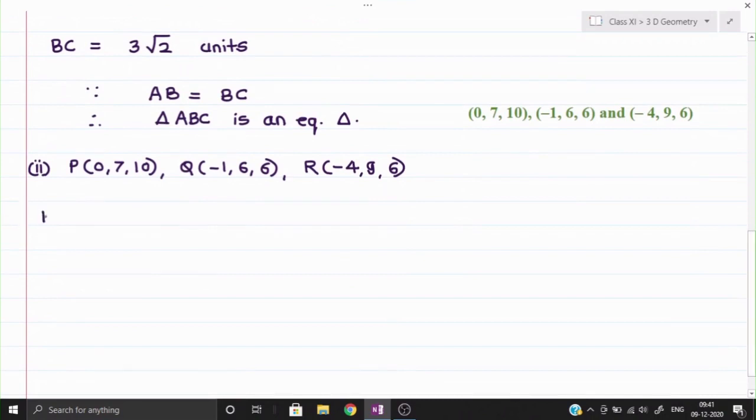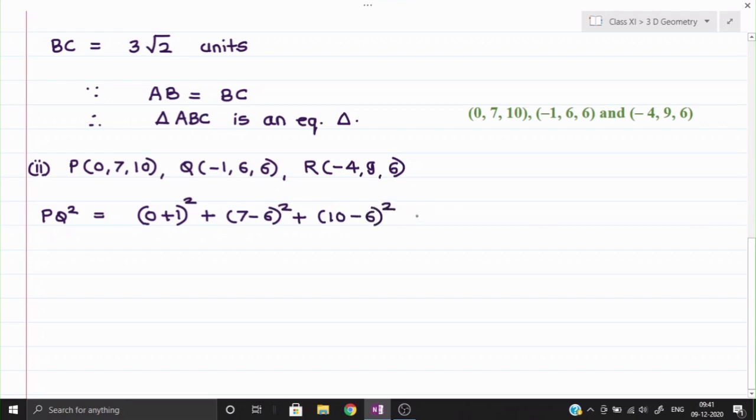So PQ square is equal to, now the root symbol will not come, (0 plus 1) whole power 2 plus (7 minus 6) whole power 2 plus (10 minus 6) whole power 2.